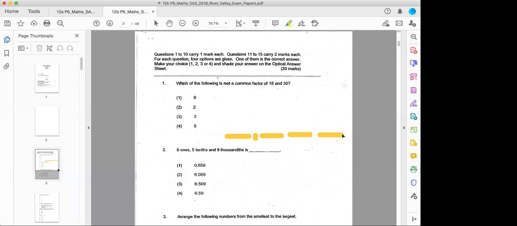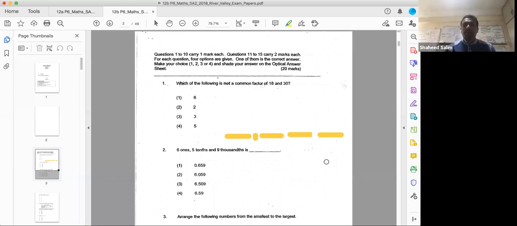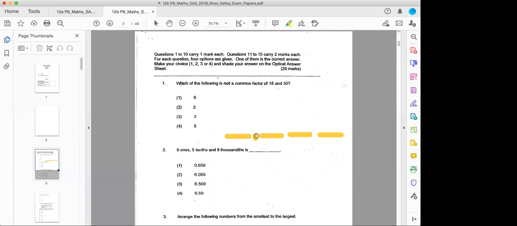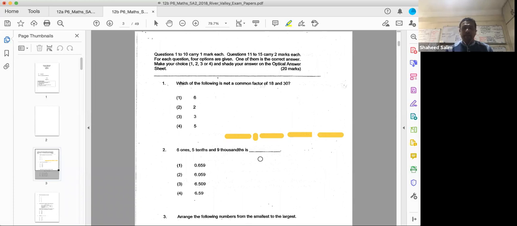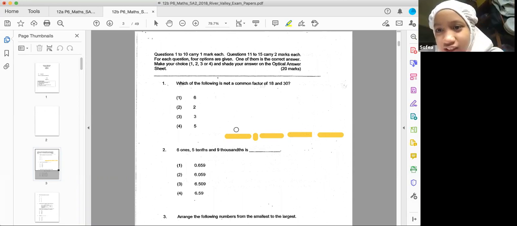Sophia, how to do this one? Sophia, we do together. 6 ones. Where we put the 6? First A, B, C, D. Which one? Number 1, 4. Okay, correct. Number 2. Sophia, where do we put the 6? Down here, at the first decimal.